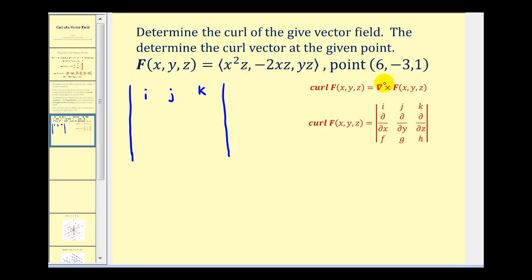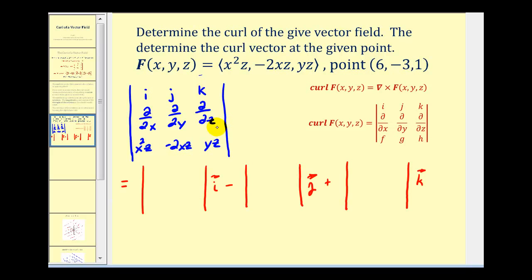The second row will be the partial derivative operators with respect to x, with respect to y, and with respect to z. And the third row will be the components of the vector field f. So we'll have x squared z, negative 2xz, and yz.